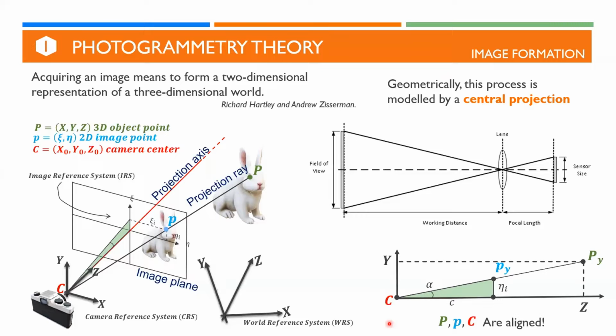So all the points that are on this line, we can see that there is the principle of collinearity, which is like the heart, the core part of our photogrammetry, and we will see in a while why. The other important thing is the focal length, which is the distance that we have from the center point of our camera and the image plane, okay?